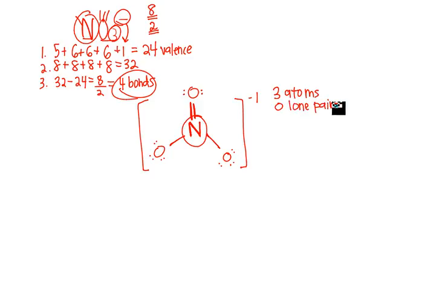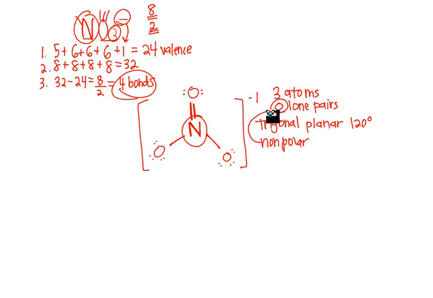When you go back and look at your chart, which you will have memorized for the test on Thursday, we know that this makes it a trigonal planar, which has a 120-degree bond angle. And because there are 0 lone pairs, even though we have polar bonds coming out of the nitrogen here, the bonds are evenly spaced out, so all the dipoles cancel out, and this makes it non-polar.